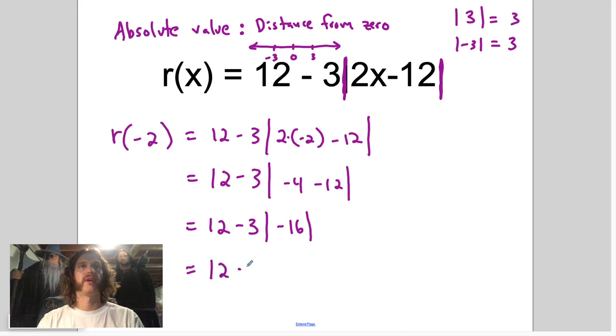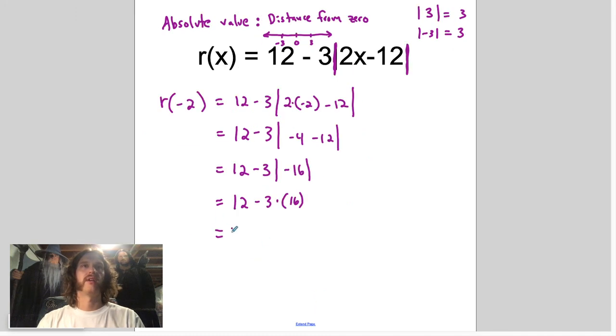It's 16 away, so that turns positive. You end up with 12 minus 3 times 16, which is 12 minus 48, and 12 minus 48 is negative 36. So that's how absolute value works.